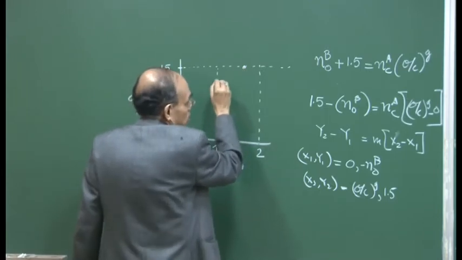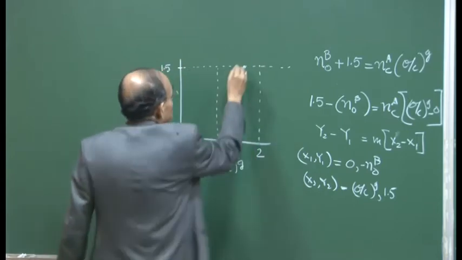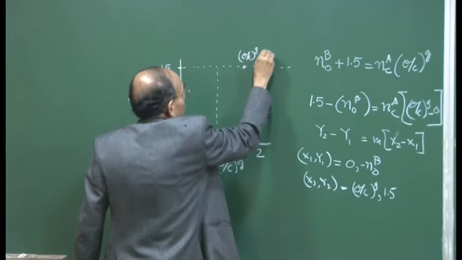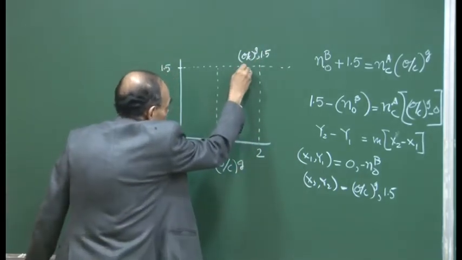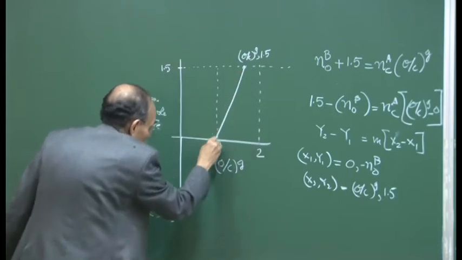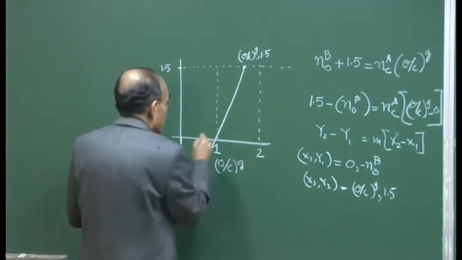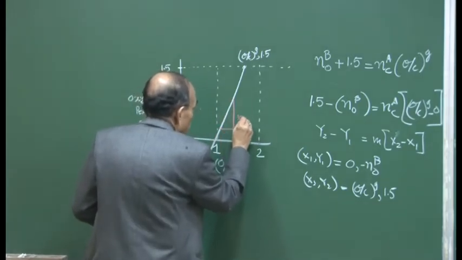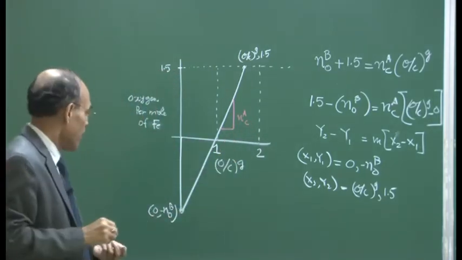So, this is equal to O by C gas comma 1.5, and then we get this line. We join these two points, and that is what it essentially represents. And the slope of this line is a measure of NAC. That is the graphical representation of this particular line.